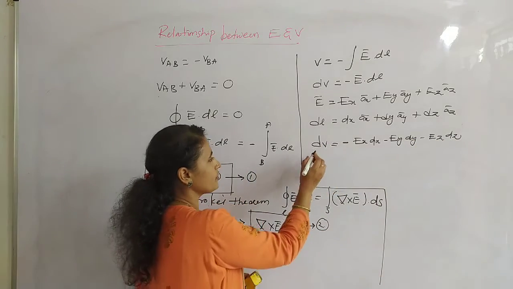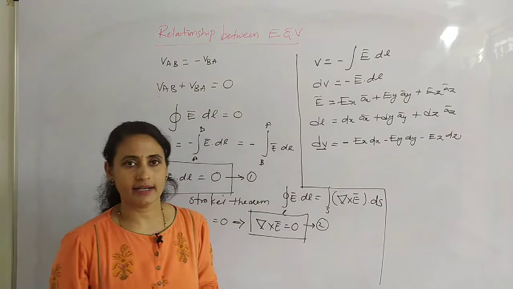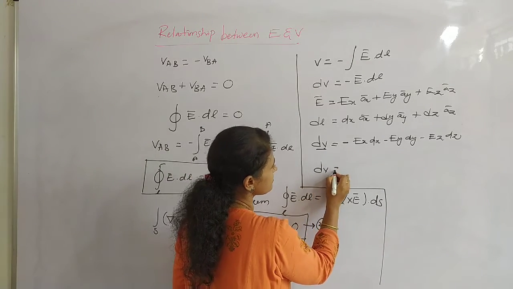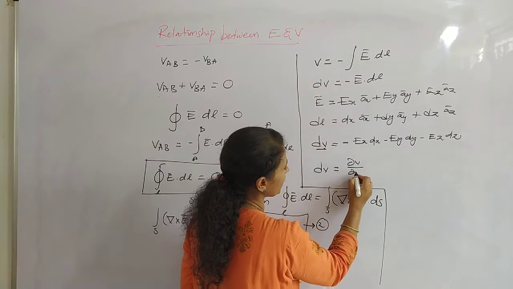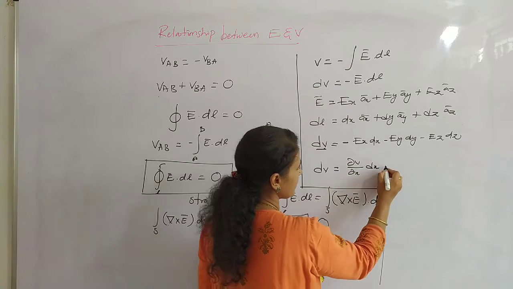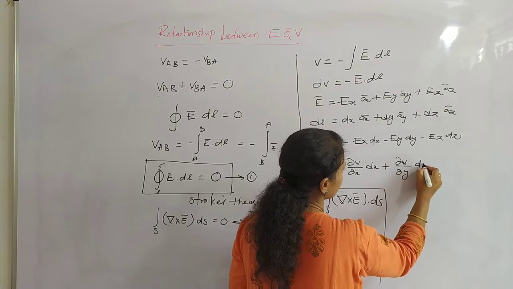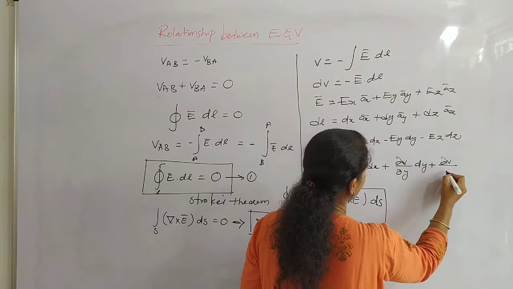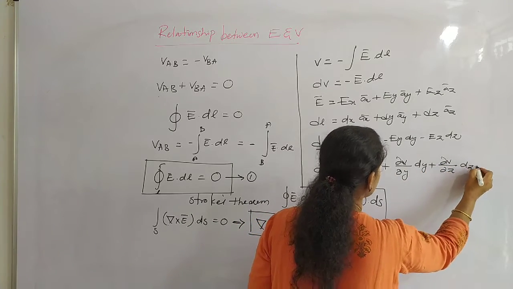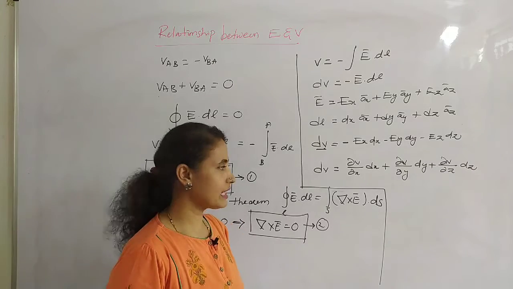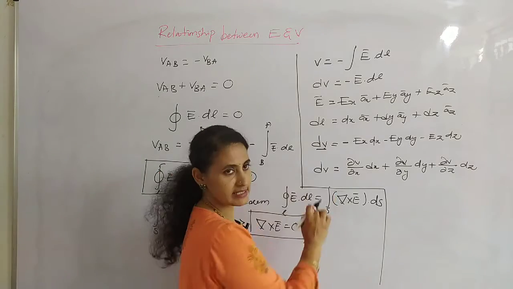By using the calculus of multivariables, we can also represent dV as dou V by dou x into dx plus dou V by dou y into dy plus dou V by dou z into dz.